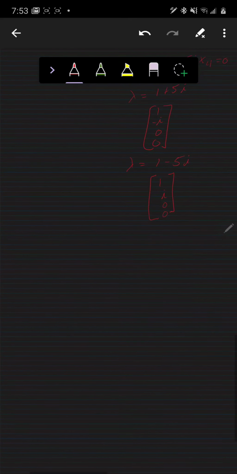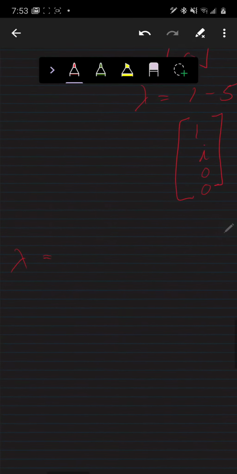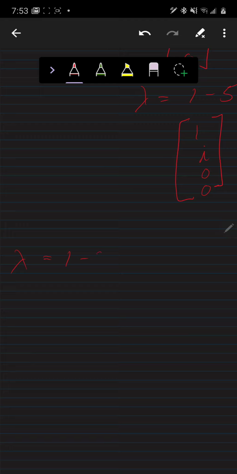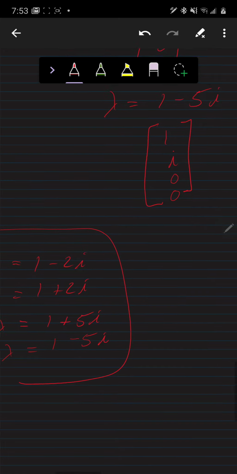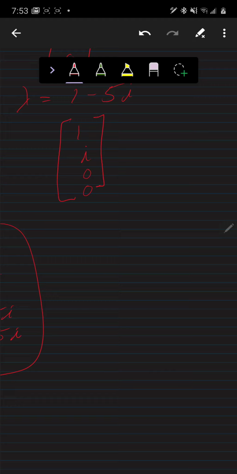So we have our eigenvalues, which are 1 minus 2i, 1 plus 2i, 1 plus 5i, then we have 1 minus 5i. These are our eigenvalues.